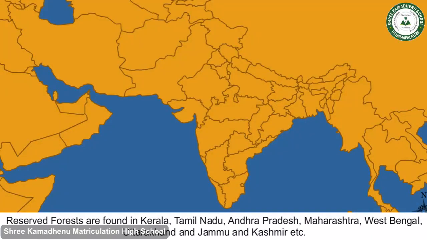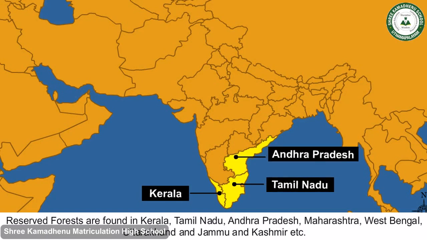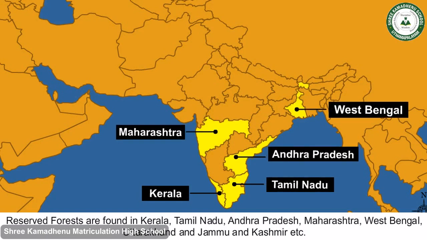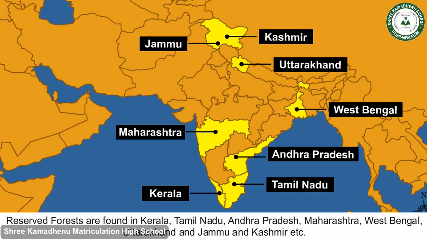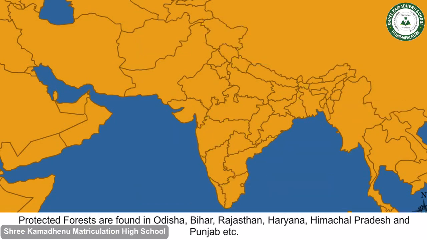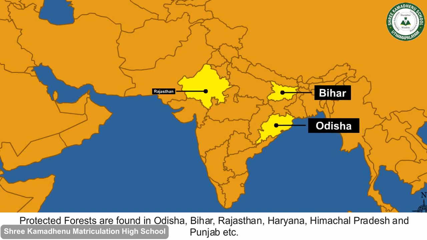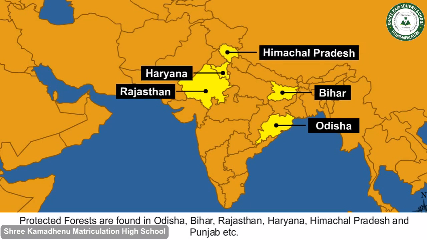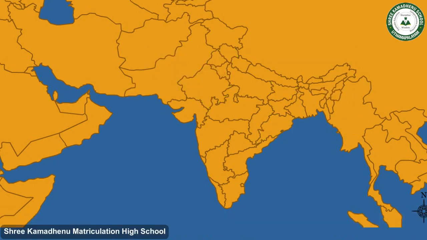Reserve forests are found in Kerala, Tamil Nadu, Andhra Pradesh, Maharashtra, West Bengal, Uttarakhand, and Jammu and Kashmir, etc. Protected forests are found in Odisha, Bihar, Rajasthan, Haryana, Himachal Pradesh, and Punjab, etc. Unclassed forests are found in Gujarat and almost all northeastern states.